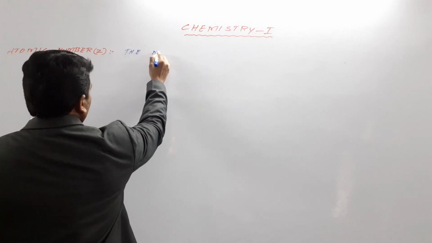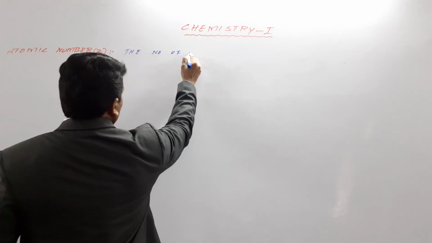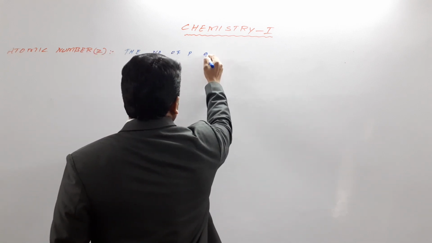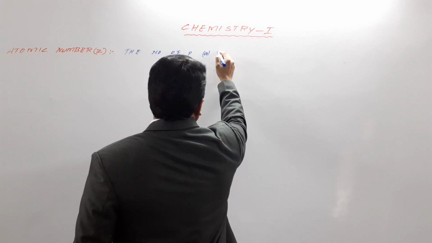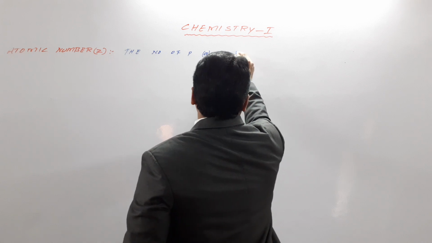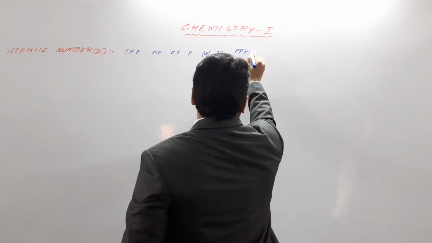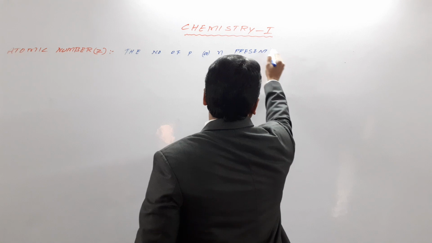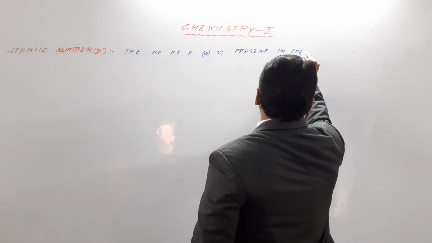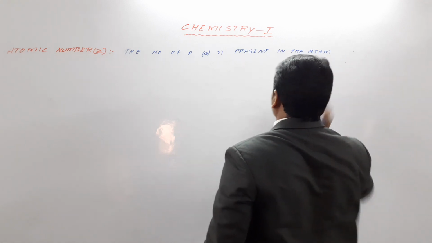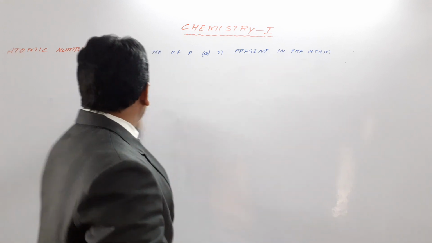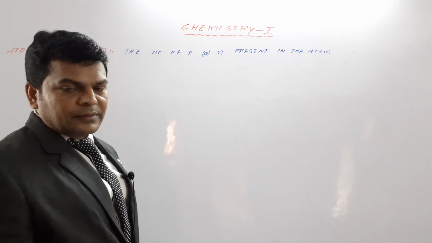The number of protons present in the atom is called atomic number Z.